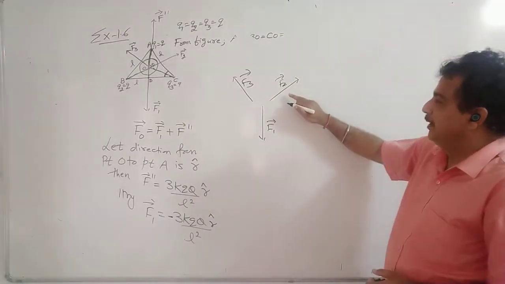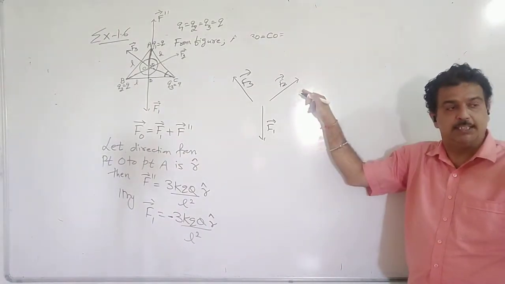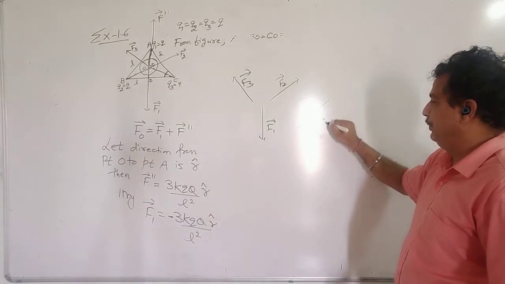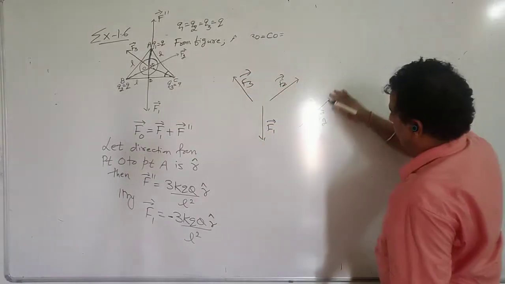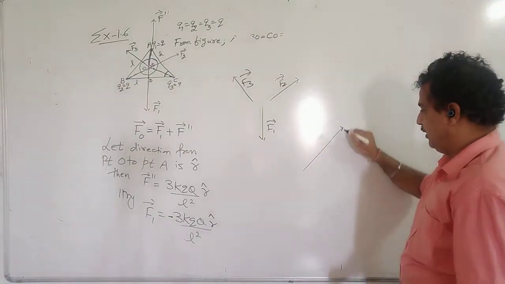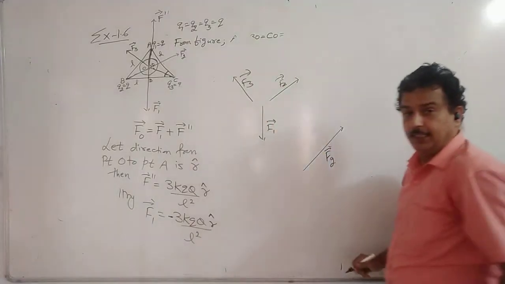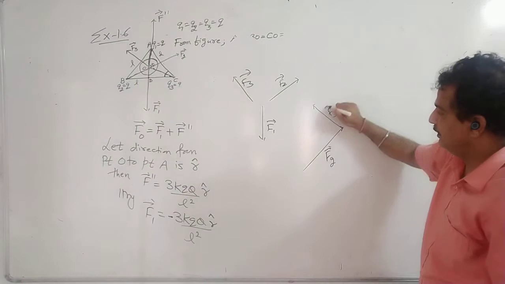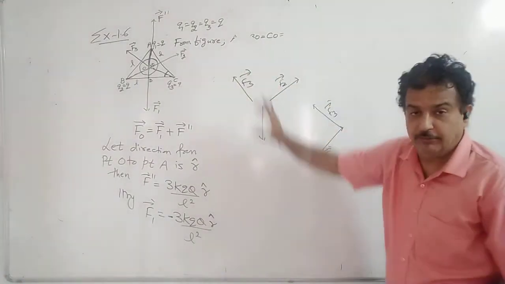So let us see how I can form a closed loop. Now take up this vector. Without changing the direction, I draw this F2. This is my F2. I pick up this F3 and place it here without changing the magnitude, whatever length we have drawn.